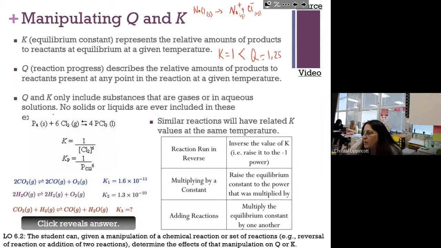So if you list K versus Q and you calculate each of one of those, or you're given one of them, that will tell you which way the reaction is going to run. If we end up with a situation where Q equals 0.25, then this is going to be the opposite sign, and that reaction is going to run this direction. So that's how I put it. I put it in alphabetical order.